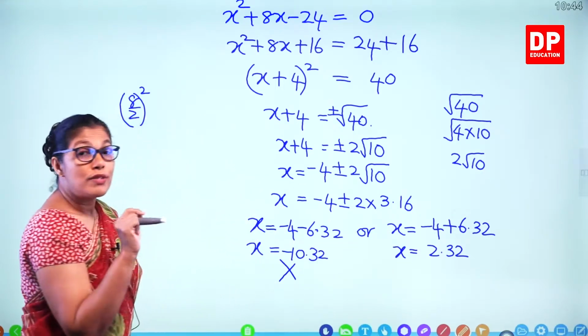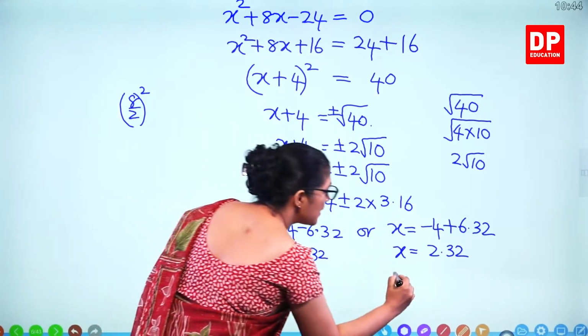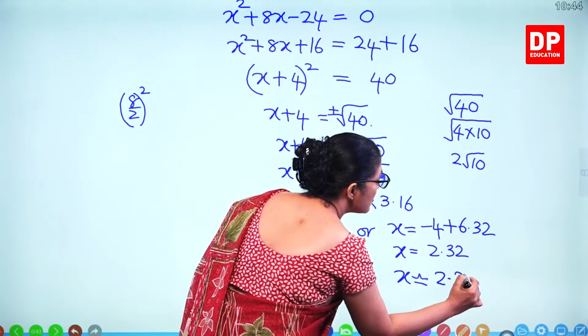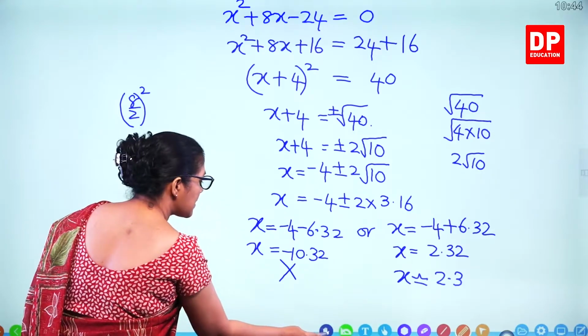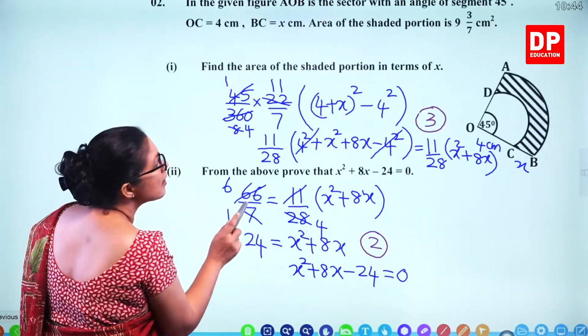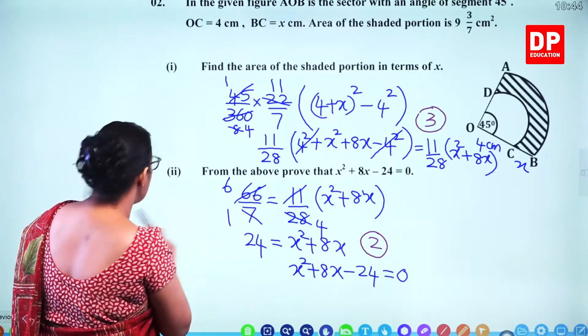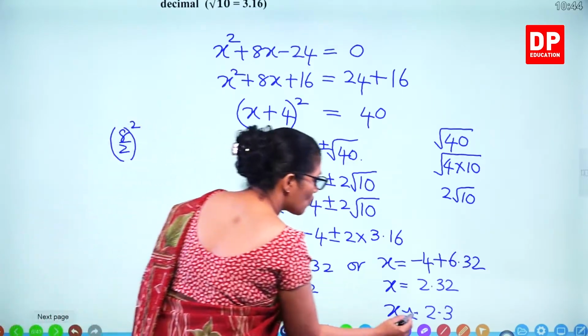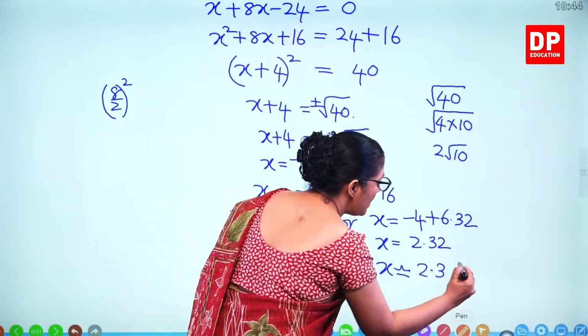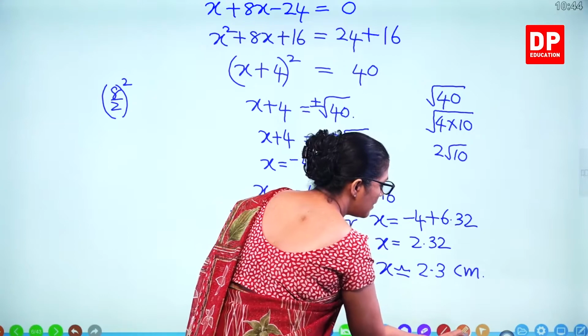But to the nearest one decimal place, this becomes 2.3. So this is in centimeters. Centimeters, we have to check it. Is it centimeters? Yes, centimeters. So 2.3 centimeters is the x value.